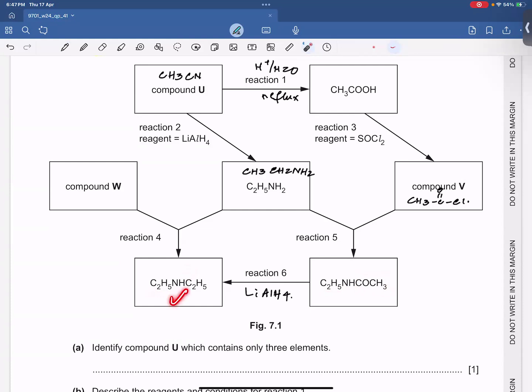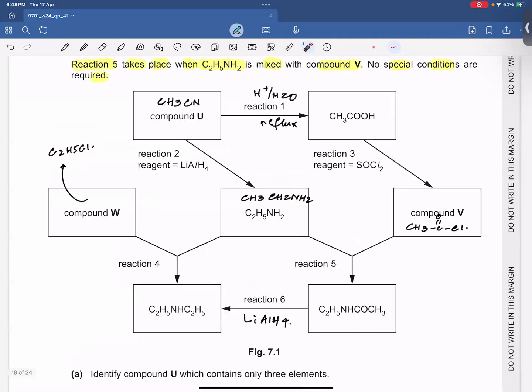And this amine is formed when these two compounds react together. So obviously it's going to be an alkyl halide. An alkyl halide of how many carbons? C2H5NH2, C2H5Cl. So when this alkyl halide and this amine react together, you will get this thing.